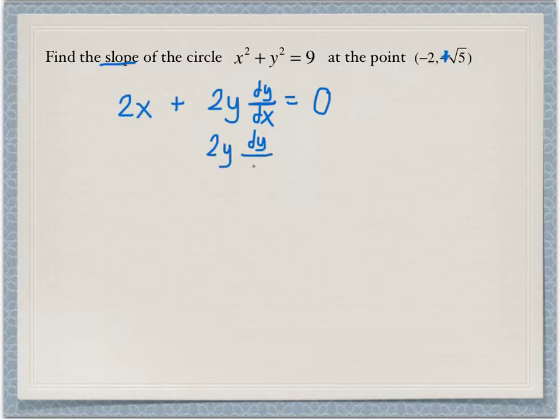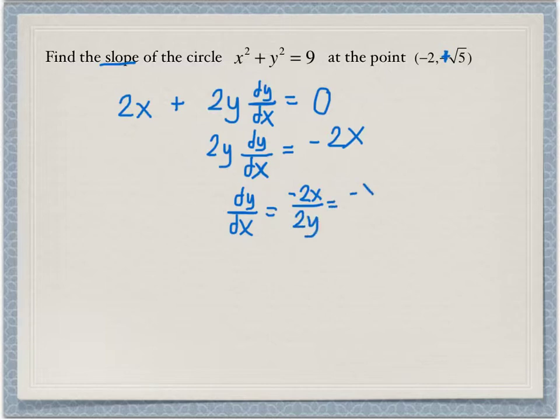So the first thing I'll do then is subtract 2x from each side, like this. And then my last step is to do something with that 2y. So then my answer is going to be dy over dx equals -2x over 2y. 2's will cancel out, and we will end up with -x over y.